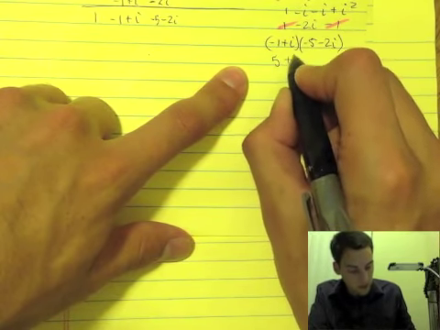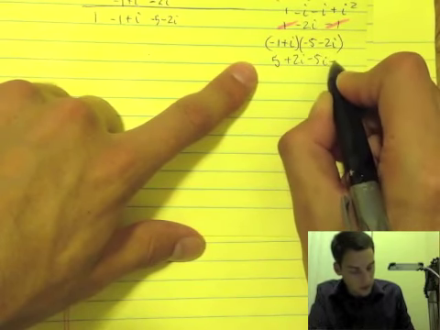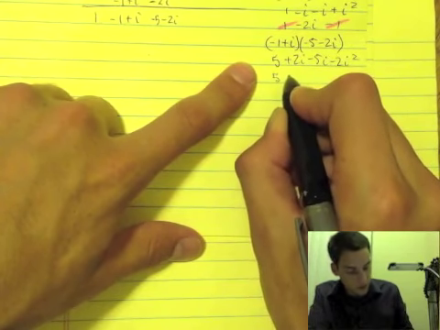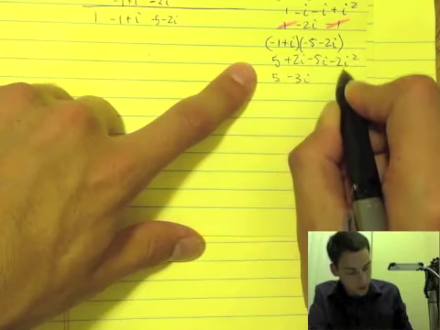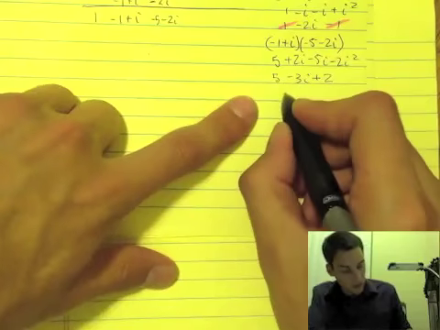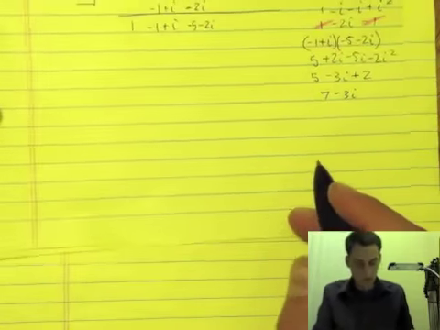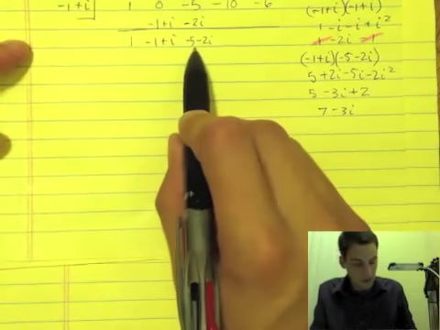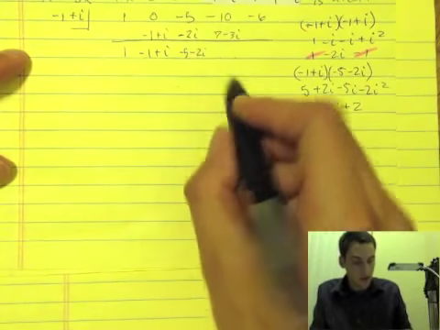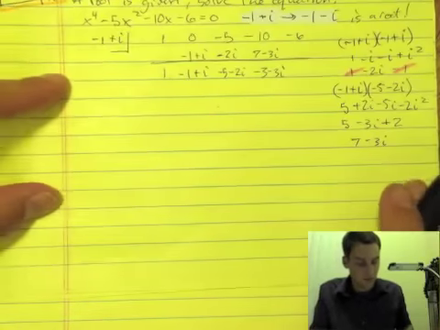And then plus 2i minus 5i minus 2i squared, which changes to 5 minus 3i plus 2. So that's 7 minus 3i. Okay. So this times this gives us 7 minus 3i. Add that together and I get negative 3 minus 3i.